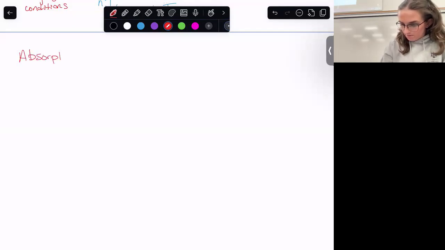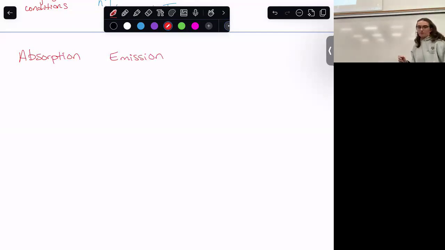So before we do questions, one more thing to talk about is absorption and emission. If we're absorbing, what are we doing to our atom, or to that particle? Are we increasing its energy or decreasing its energy?